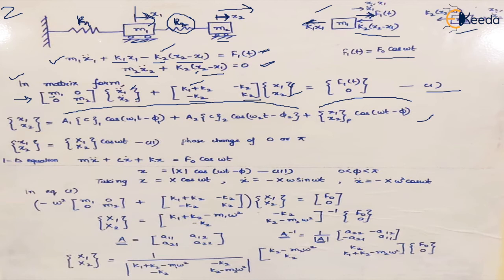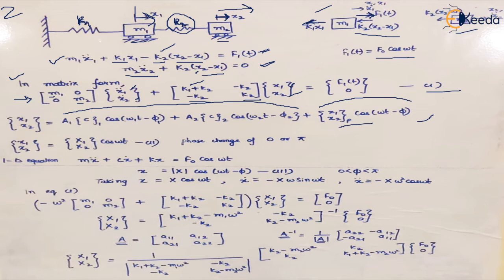This is because of the forced vibration of the system, and this is because of the free response of the system. And in the free response equation, C1 and C2 are the vectors which describe the modes for free response.